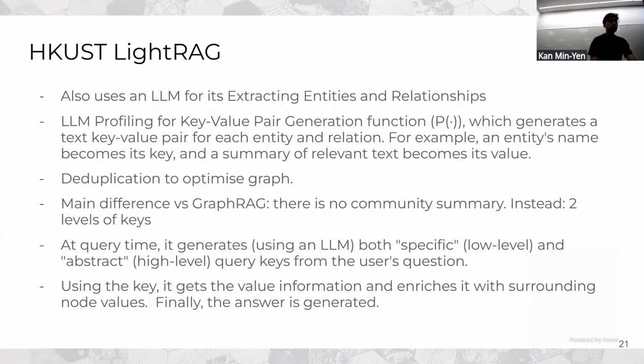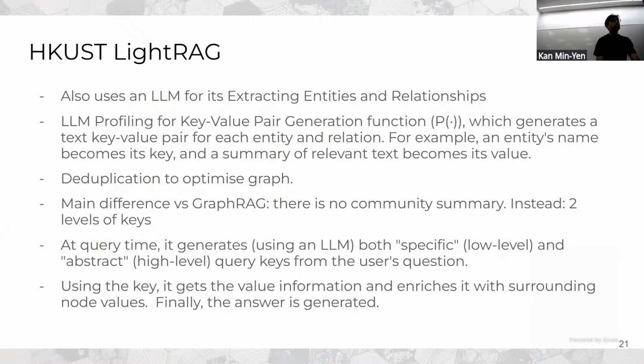After that, they do a method called LLM profiling, where you have keys and values: the entities are the keys, and the values refer to the text that is associated with that key. Then you need to do some kind of deduplication in constructing the knowledge graph, because if not, the graph grows complex and it's not very efficient.